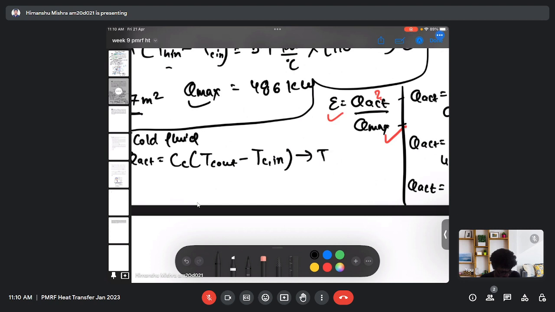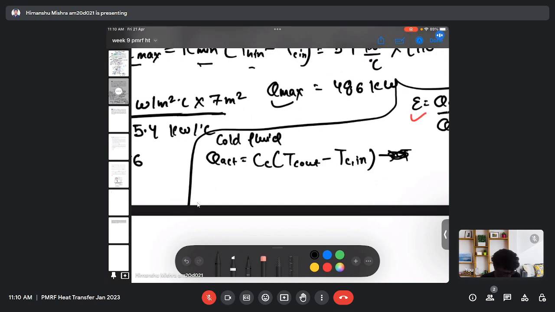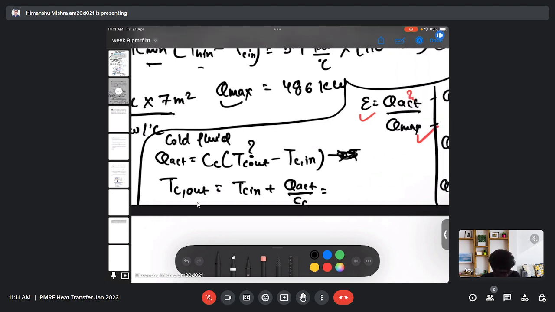From this expression, I can write that this is the unknown quantity: actual divided by heat capacity of cold fluid. So just plugging the values here.